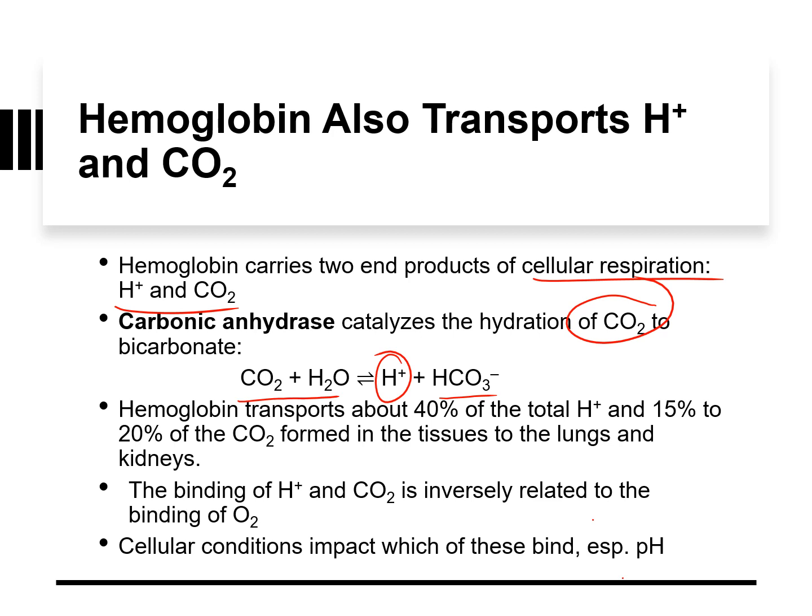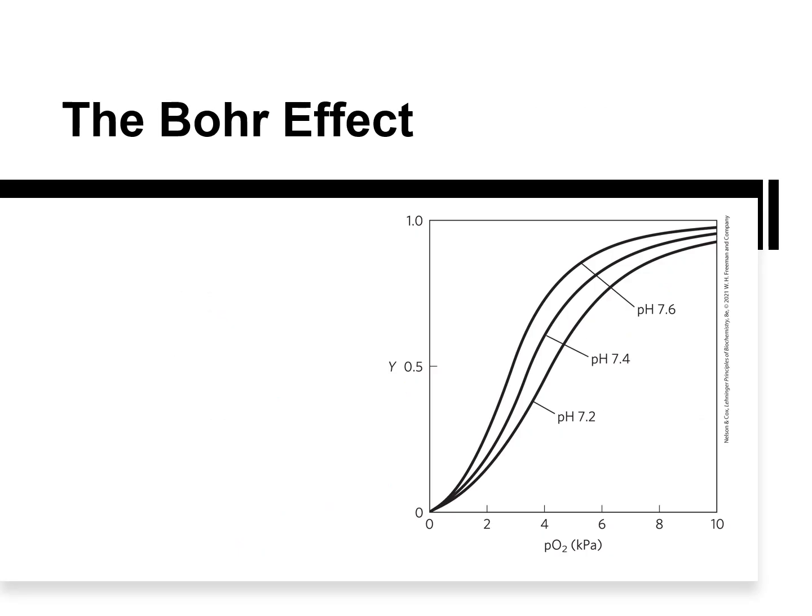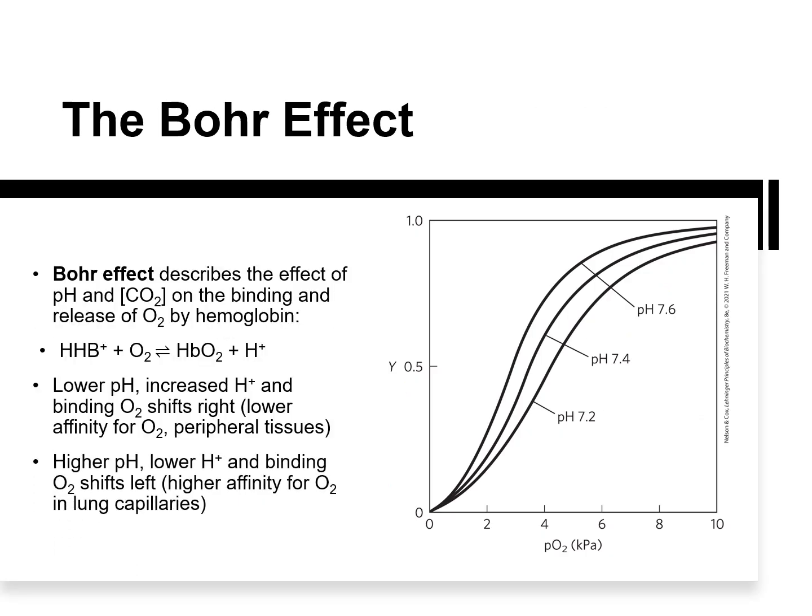Cellular conditions impact whether it's going to be H plus and CO2 that bind or O2 that binds. So the Bohr effect describes the effect of pH and CO2 on the binding and release of oxygen by hemoglobin.